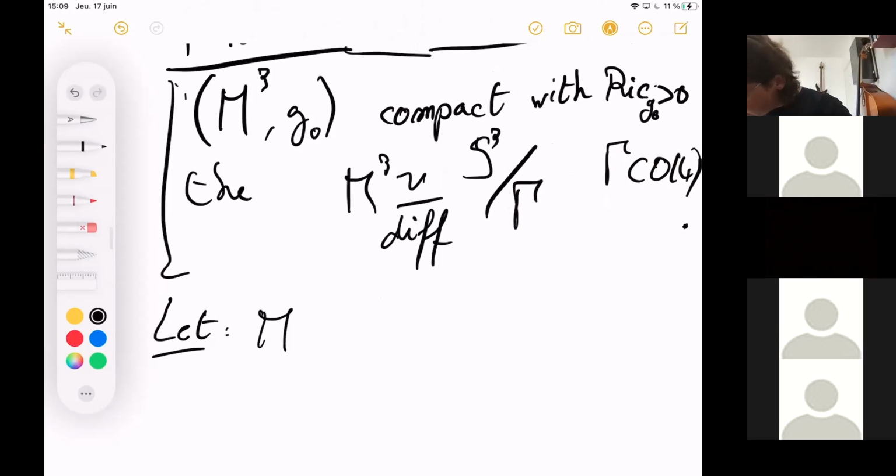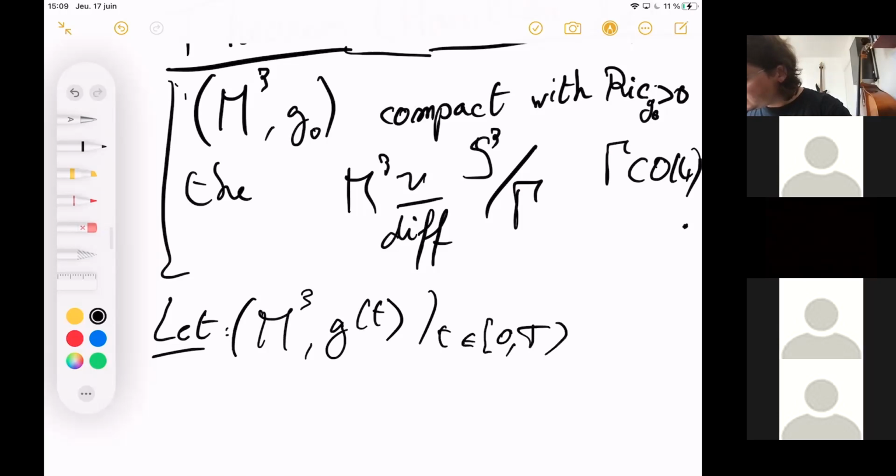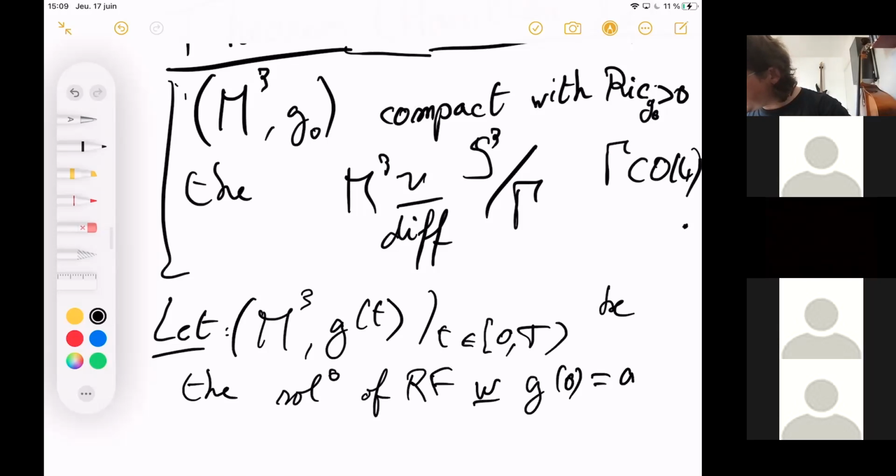So let M3, g of t, t in [0,T), be the solution of the Ricci flow with g of 0 equal to g naught.